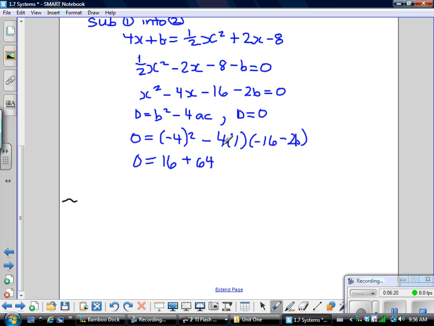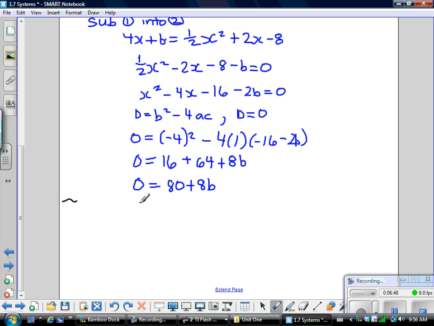And we're also going to have negative 4 times the negative 2b, so a positive 8b. So our 16 plus our 64, we end up with 80 plus 8b.